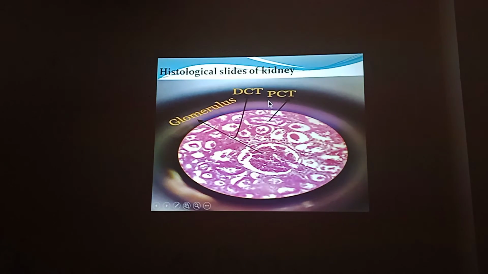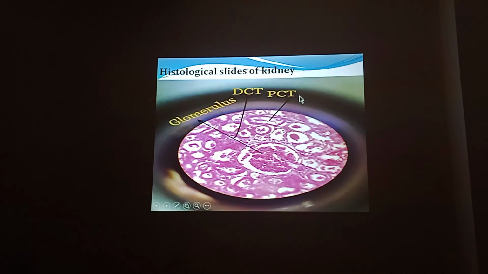Proximal convoluted tubule is darkly stained, whereas the distal convoluted tubule is lightly stained. Why? Because there is more mitochondria in the proximal convoluted tubule compared to the distal convoluted tubule. Not so significant in this, but you can say that these are the differences between these two, which we will get in the histological slide.